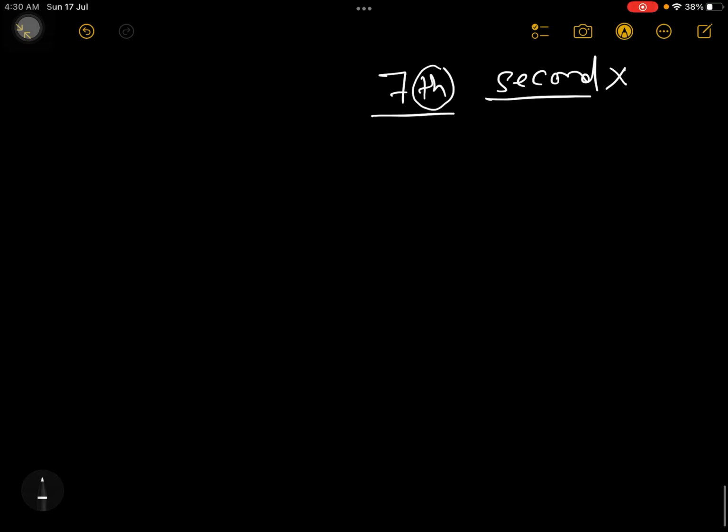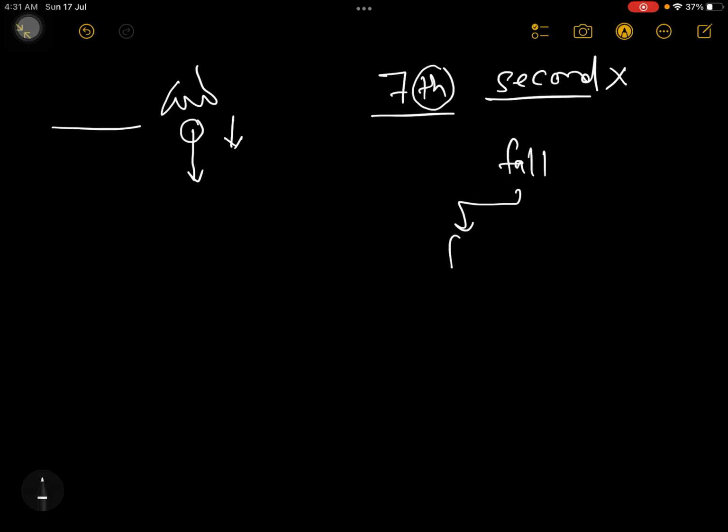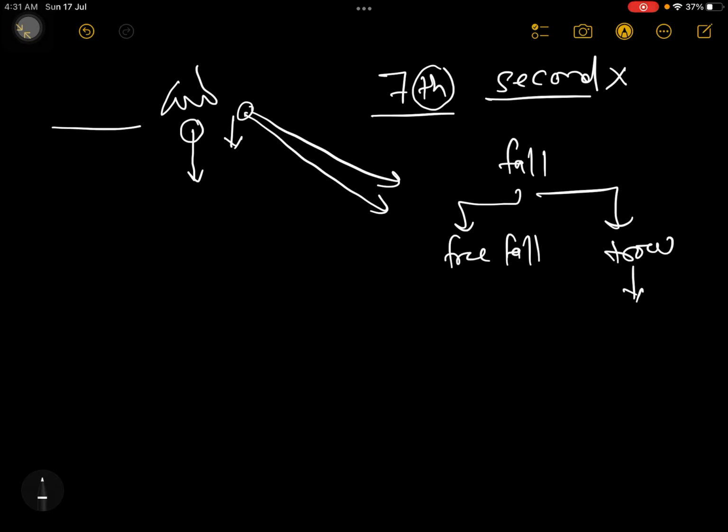Suppose there is a ball falling, like you are just leaving the ball from your hand, so the ball will fall freely. Actually in case of fall we have two types of fall. One is free fall and one is throw. Throw means you are not leaving, you are throwing something downward, like throwing a stone at someone. But if you are simply leaving it, that is free fall.